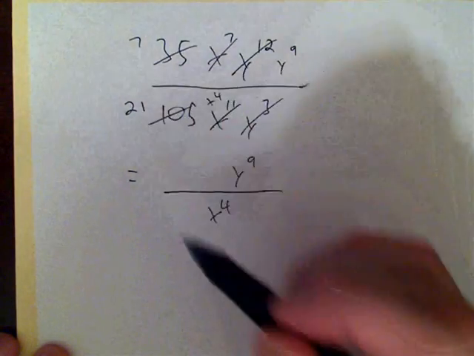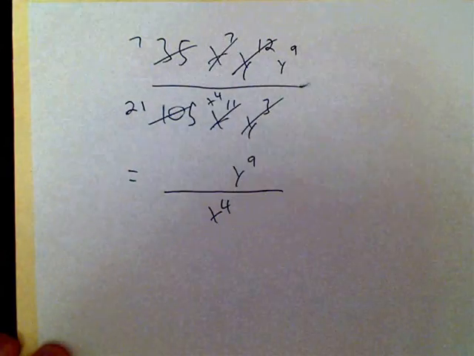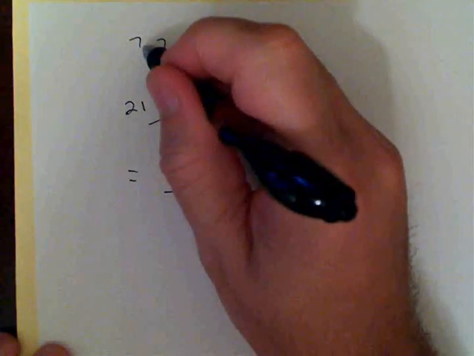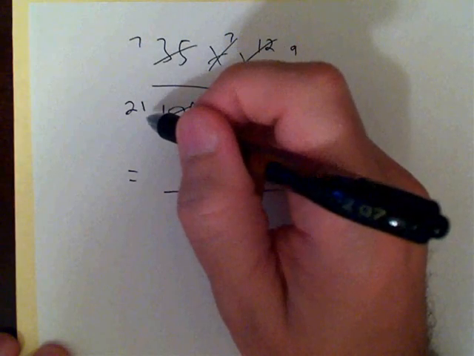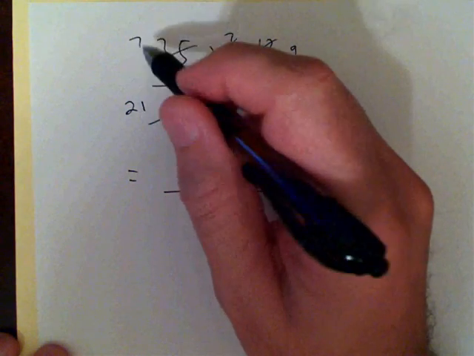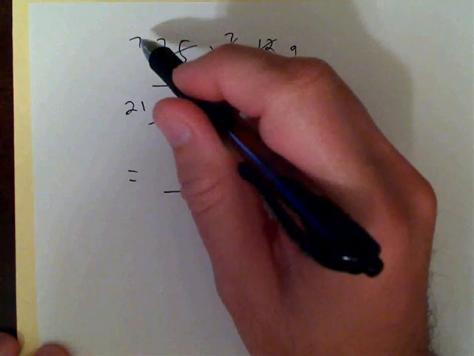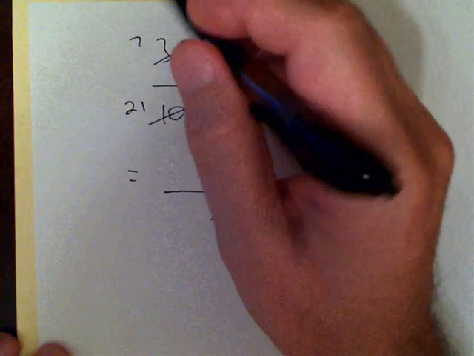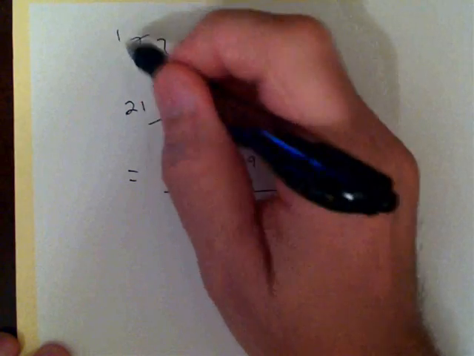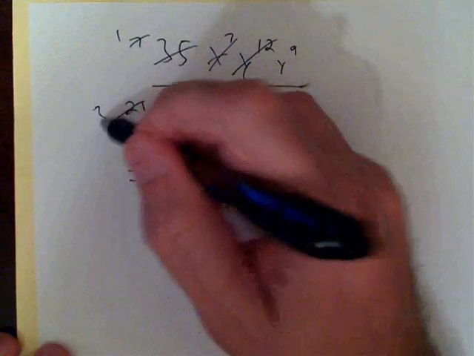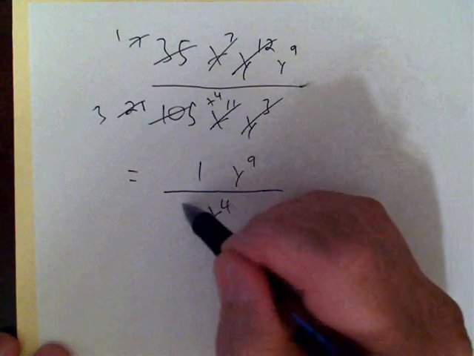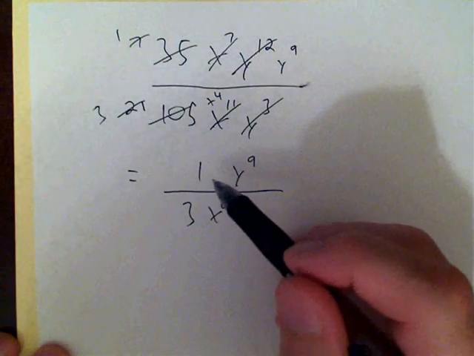But notice, the 7 is on top and 21 is on the bottom. That reduces further, because 7 goes into 7, and 7 goes into 21. 7 goes into 7 once, 7 goes into 21 3 times, and it leaves us with 1 over 3. You do not have to put the 1 if you don't want to, but I am just showing you that there was a 1 left over.